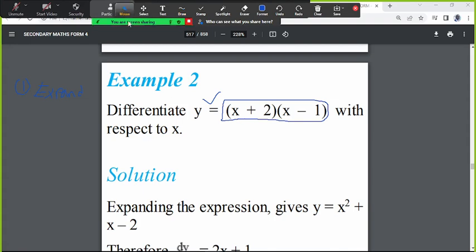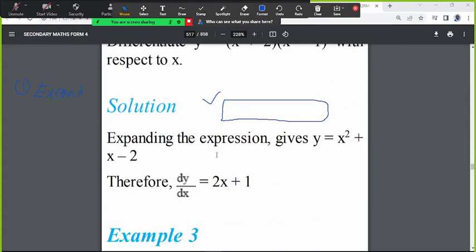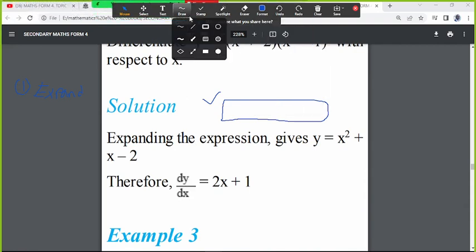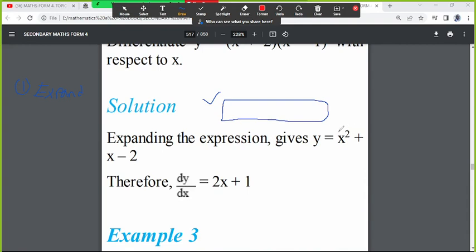So expansion means we multiply and then we get the expansion of it, which is y equals x squared plus x minus 2.